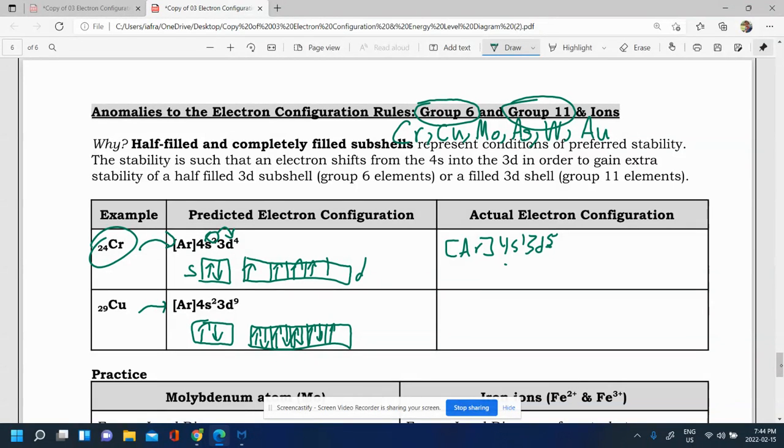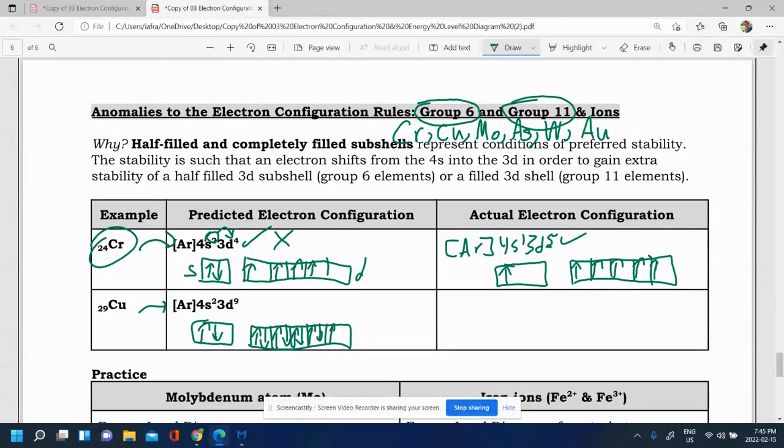So in other words, it looks more like this. We have the 4s1 here, and then the 3d5. So this is something you need to know, that this is an exception. If you write this, this is predicted, but it's incorrect. This is the one that's correct here.